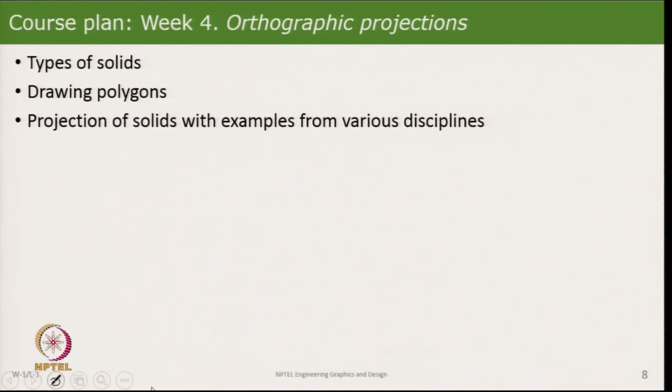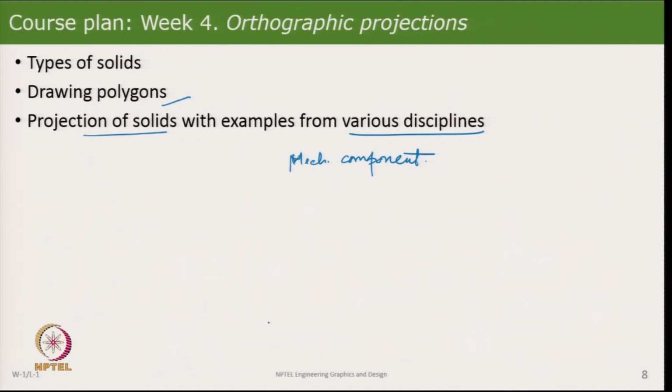In the fourth week, we will go to orthographic projections. We look at type of solids, we look at drawing polygons, and we look at projection of solids in different views from various disciplines. So, we look at a sort of a mechanical component, and when I say mechanical component, it could be anything.